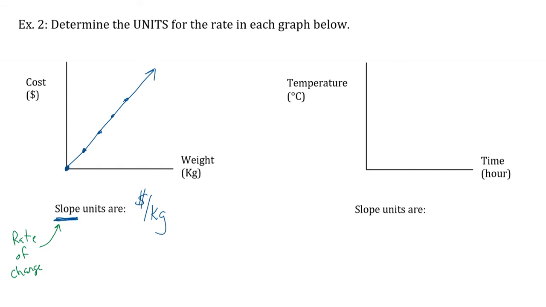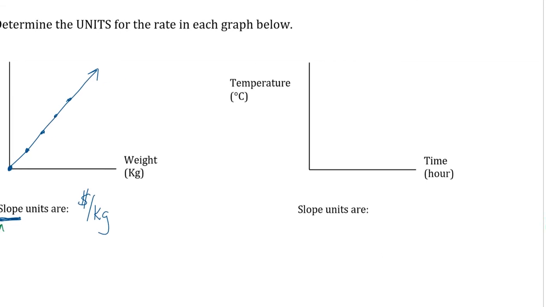Second one, temperature over time. And so the units of the slope are going to be degrees Celsius per hour. And that might be my coffee, after I make it, starts nice and hot, and every hour it cools off, right?